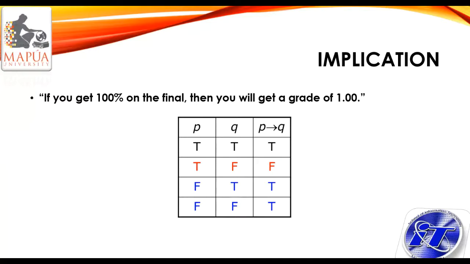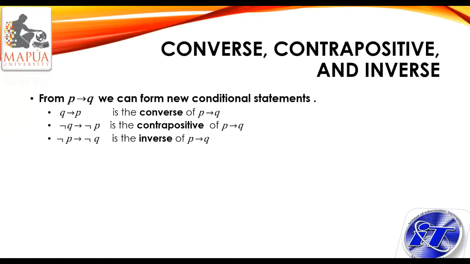Now, in case we are changing the premise or the consequence of the statement, or introducing negation to our statement, the meaning of the statement may change or be altered. The change could be converse, contrapositive, or inverse.